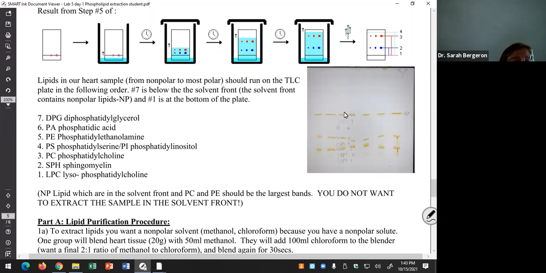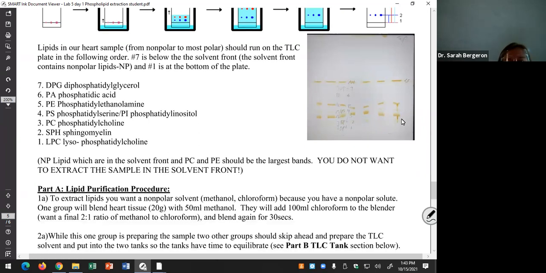Now, at the solvent front, this is how far we let the fluid travel up the silica plate, right? What you're going to end up having is nonpolar lipids, right? Those are going to be at your solvent front. So I think that's why we labeled it SF, solvent front, right?